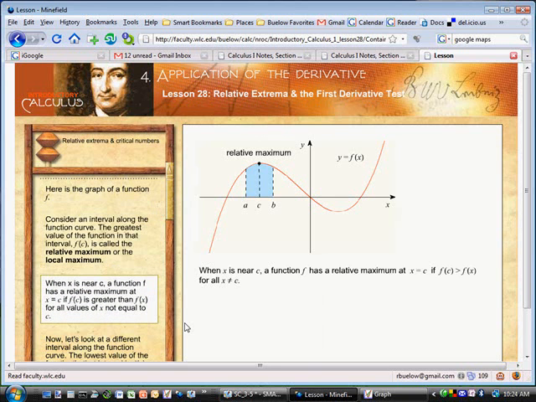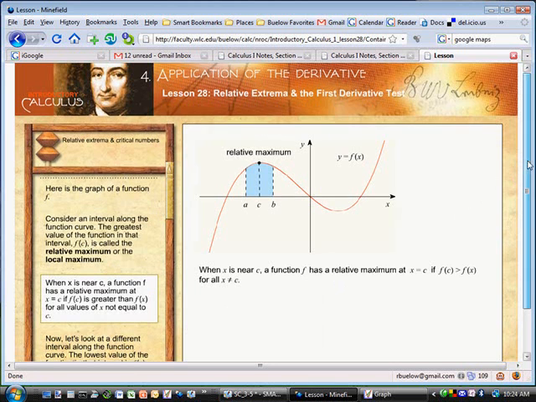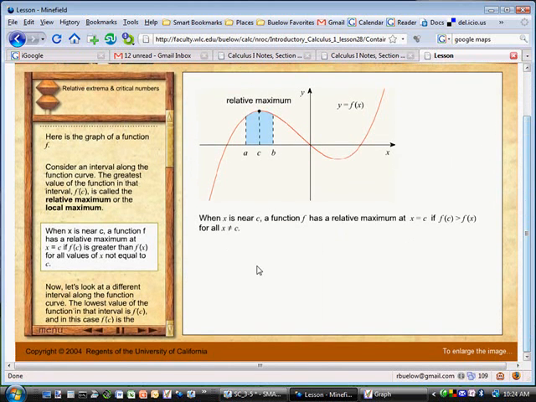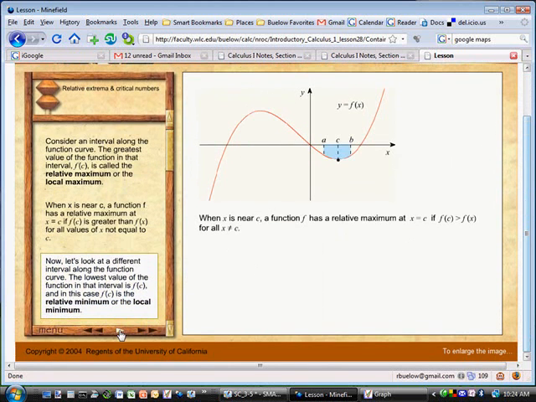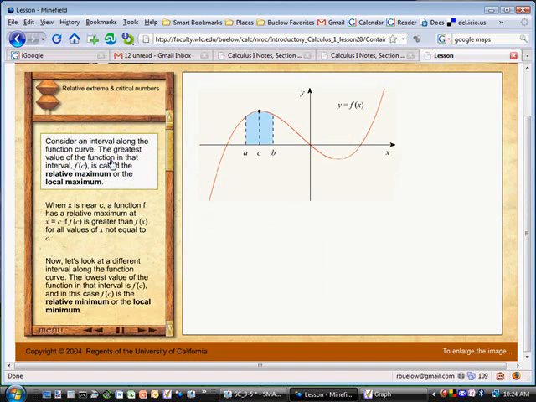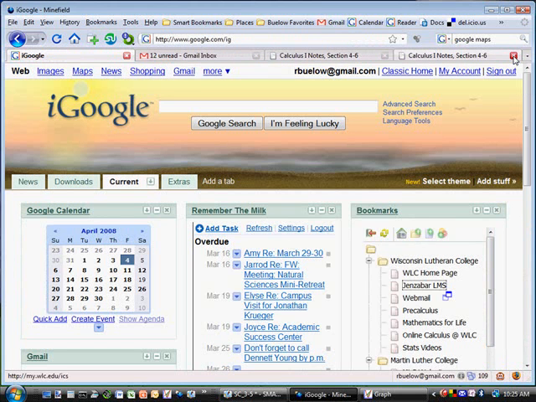Those are pretty cool too. You can stop the video and start it again, and you can even go back to the paragraph, click on it, and it'll go. Let's look at a different interval. Consider an interval I: the greatest value of the function in I. I just wanted to remind you that that stuff's available, okay?